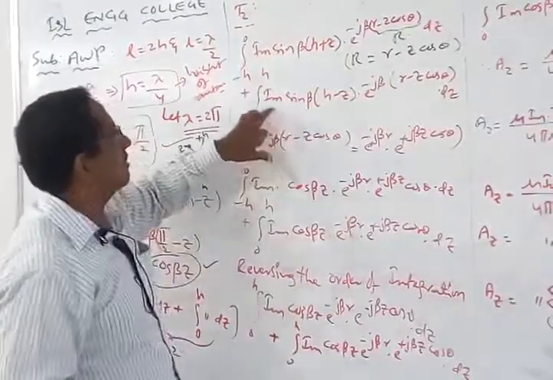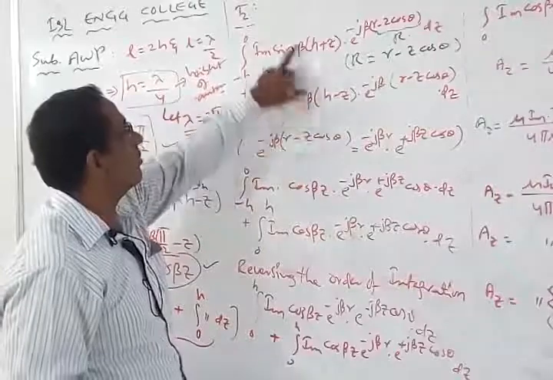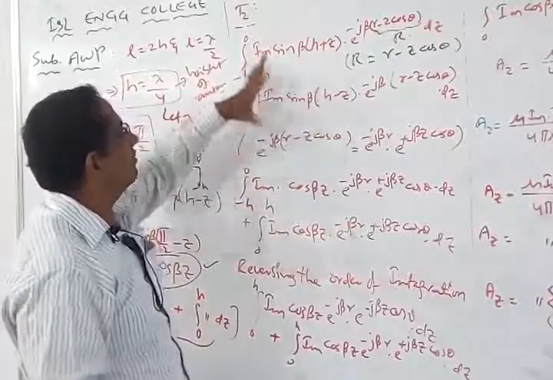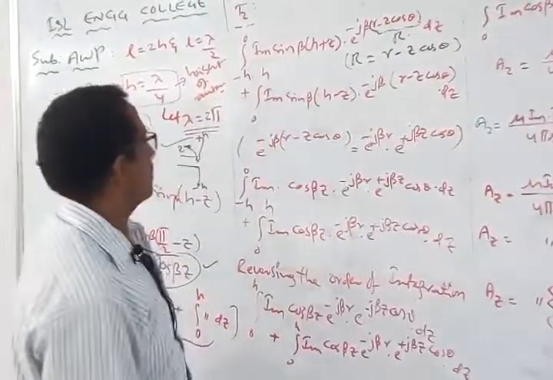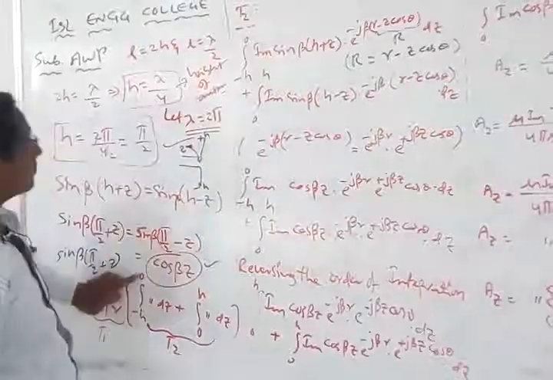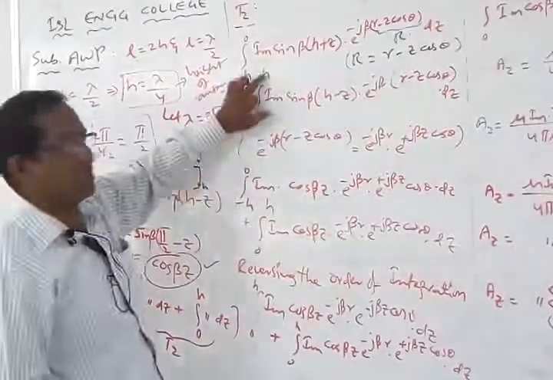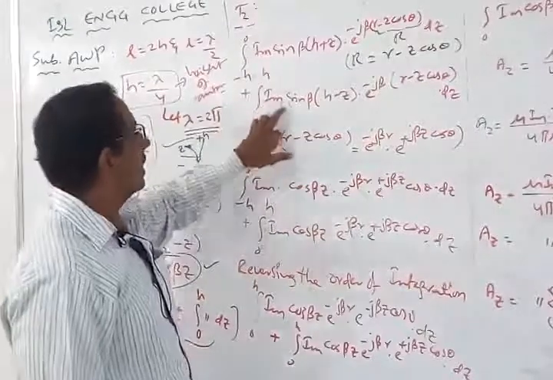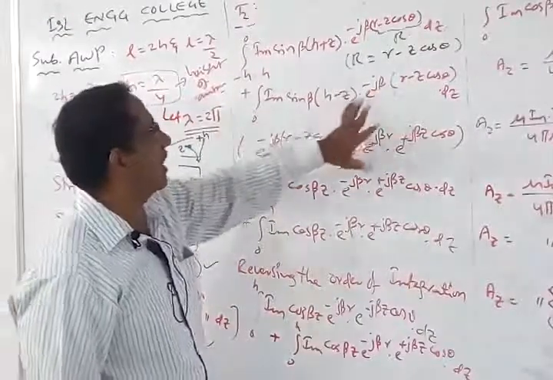Now I will get Im sine of beta of (h minus z) in the same way. Now there are two expressions in the integration. One is for the limits minus h to 0 and the other is for 0 to h. Therefore we will write Im sine beta of this particular factor as it is.